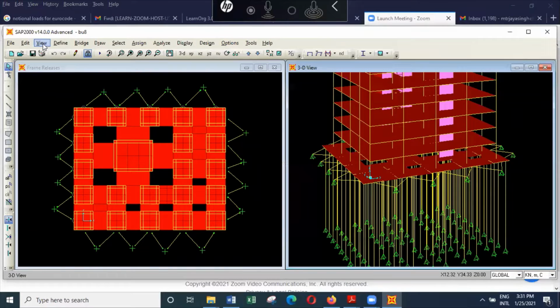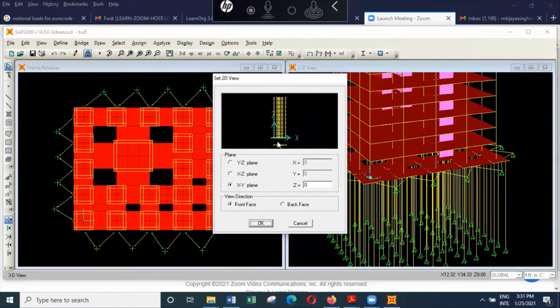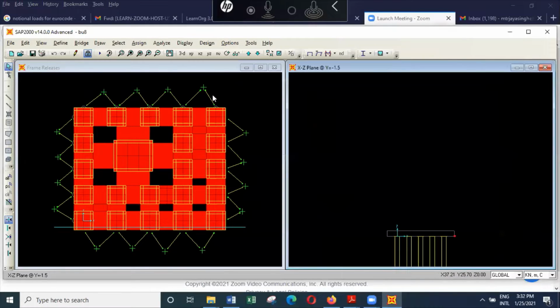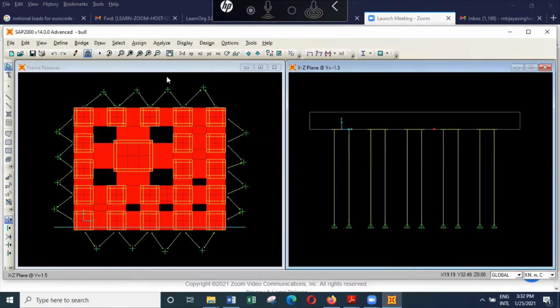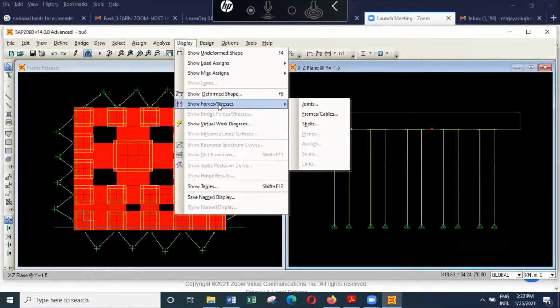Display view one of these planes where you can see all the piles, and we can see what type of loads will act on it: forces, stresses, shears.